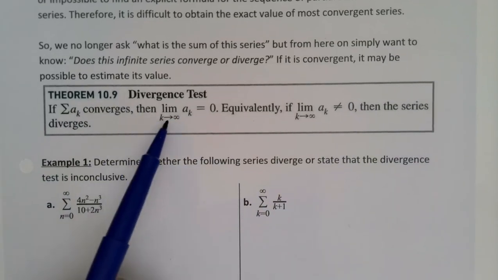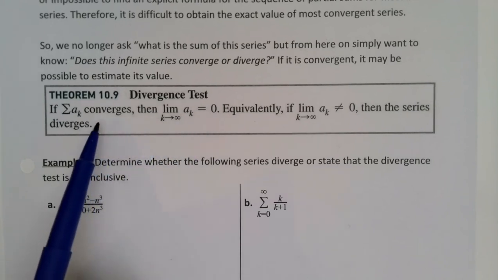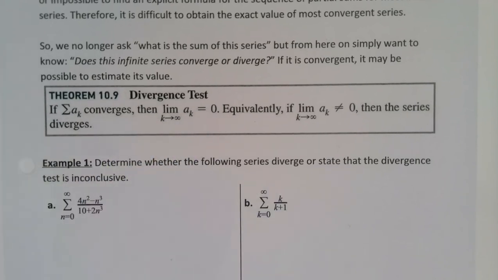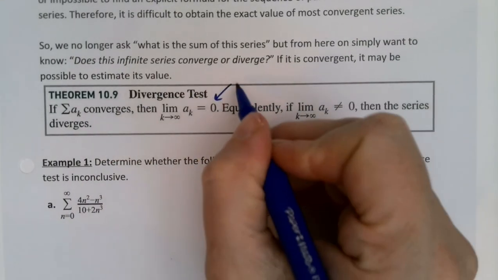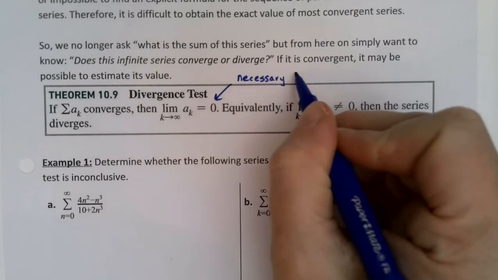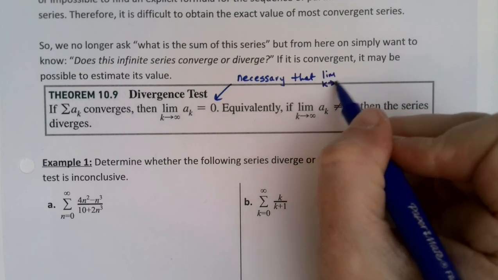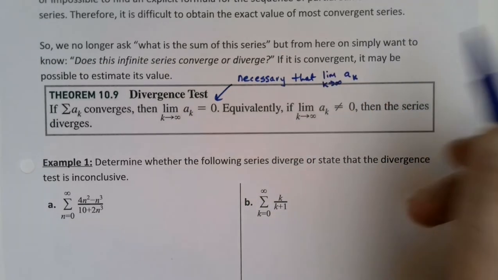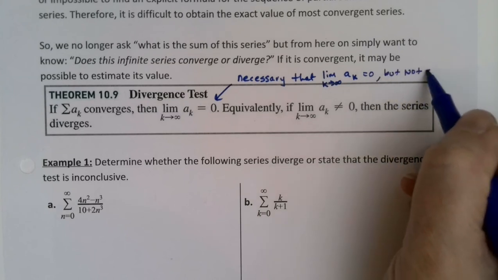However, if the sequence goes to 0, that does not necessarily mean that the series converges. It's a necessary condition, but it's not a sufficient condition. So it's necessary that the limit as k goes to infinity of a sub k, the sequence, is 0, but not sufficient. It's not enough.